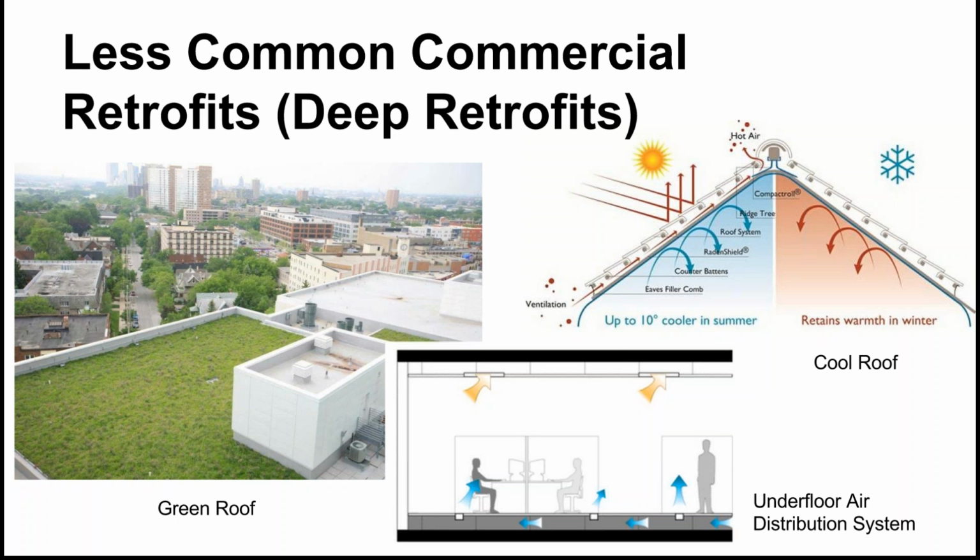So in an underfloor air distribution system, the air handlers typically are stored below the floor, and the air comes from a plenum underneath the floor with distribution vents in the floor, so it passes up, heats up as it passes through the workspace and gains heat from people and computers, and goes up to the top and passes out. So this is another way that buildings can lower their heating and cooling costs.